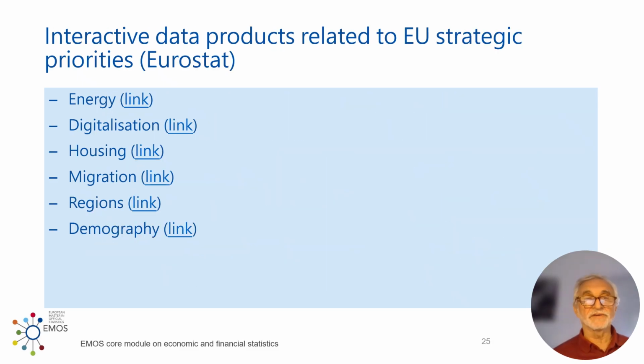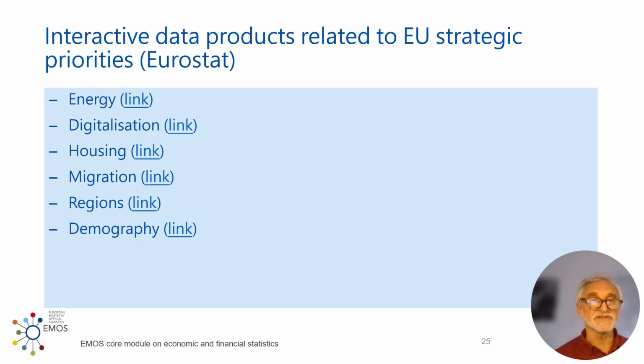And finally, here a list of several other data products which are related to EU strategic priorities, where the data comes from Eurostat, which are being produced more and more to give policymakers a sound basis for decisions, to show them how things are developing and where there is a need for action.